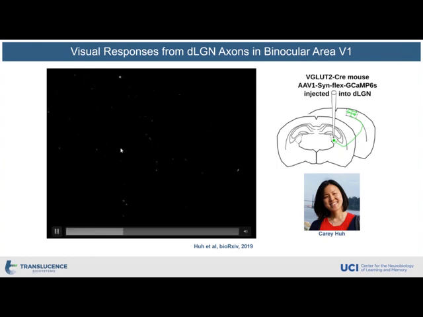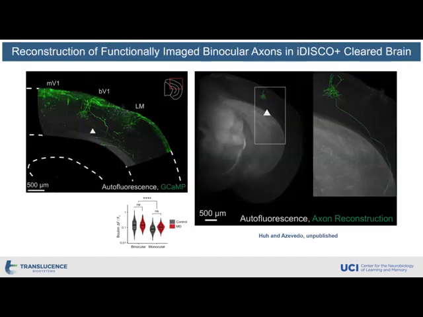So we wanted to know, okay, with the multiphoton, we can see this segment of axon, we can characterize the visual response properties, but can we look at the broader anatomy? So Carrie, along with a talented graduate student, Ricardo Azevedo, took the same samples that had been imaged on the multiphoton rig and cleared, stained, and imaged these brains using the light sheet.